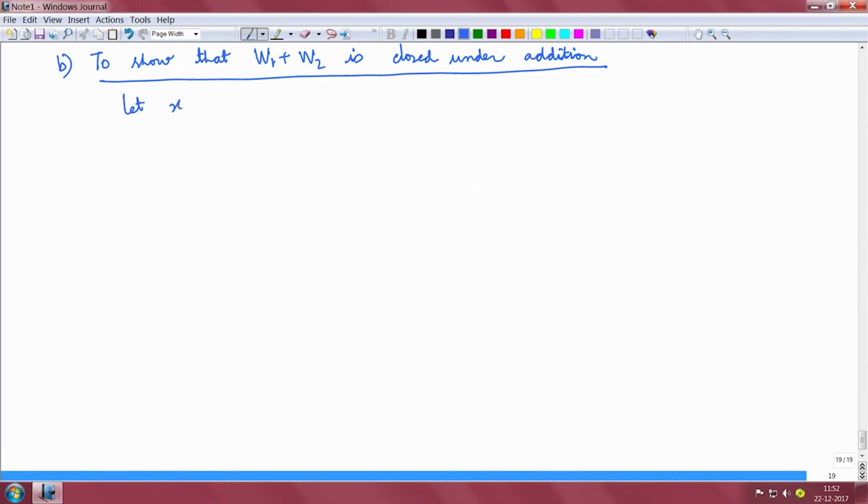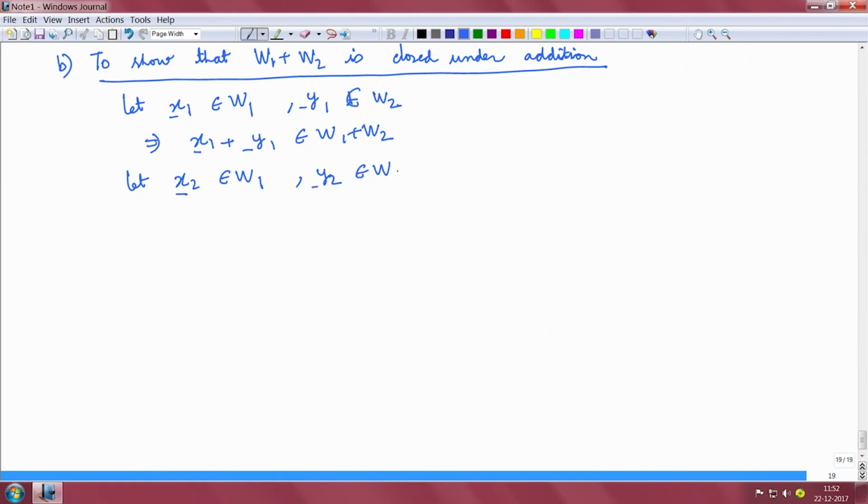Let x1 be a vector in W1 and y1 be a vector in W2. Therefore, x1 plus y1 belongs to W1 plus W2. Similarly, let x2 be a vector in W1 and y2 be a vector in W2. So, it implies that x2 plus y2 belongs to W1 plus W2.